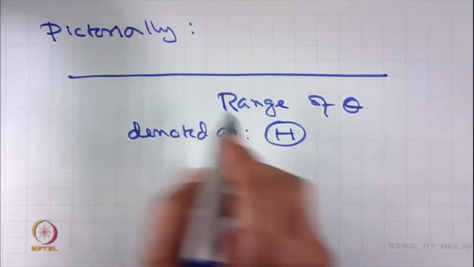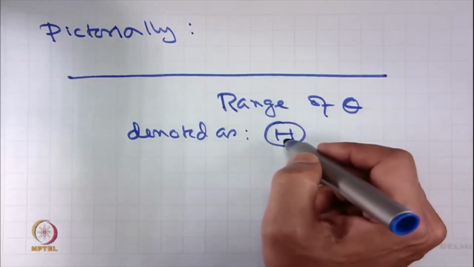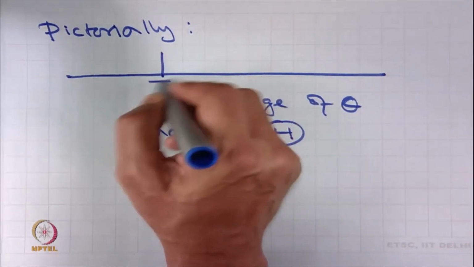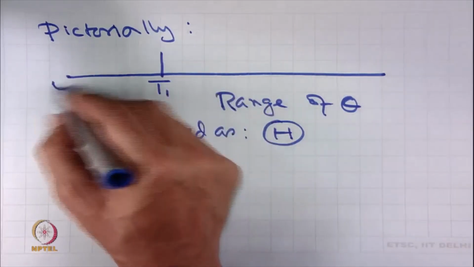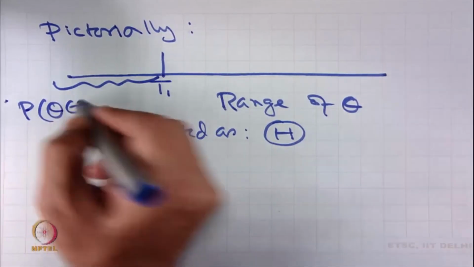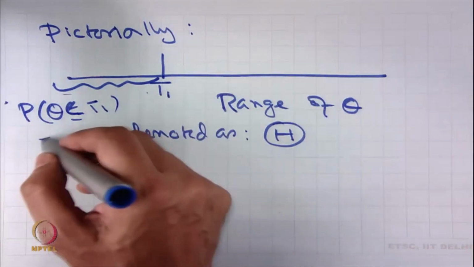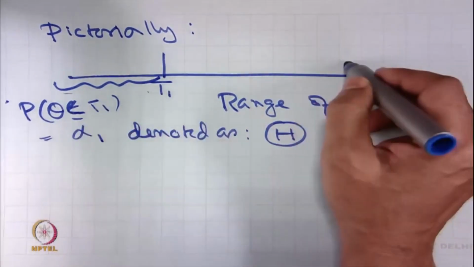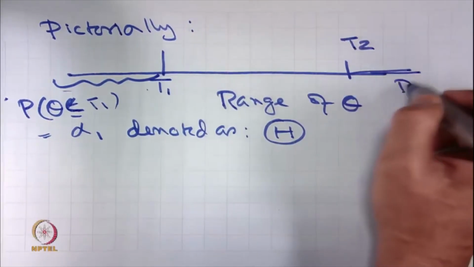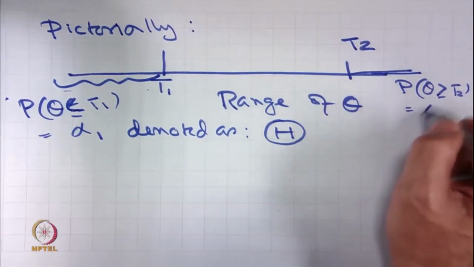Depending upon the distribution and the parameter, the theta will change, but suppose we have T1 here such that probability theta belongs to this interval or theta less than equal to T1 is equal to alpha 1, and suppose this is the T2 such that probability theta greater than equal to T2 is alpha 2.